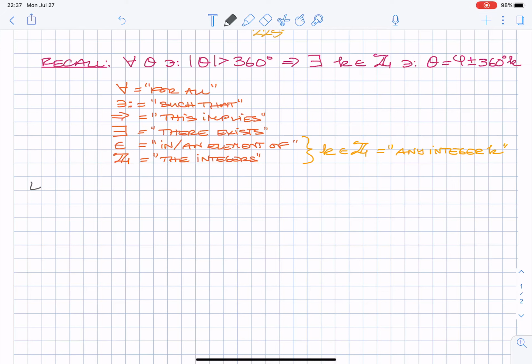For example, let's find the reference angles for the following.